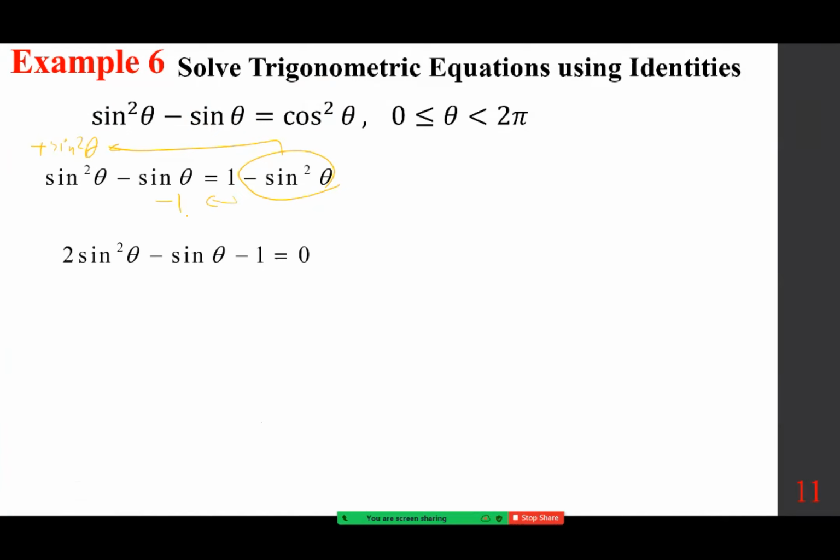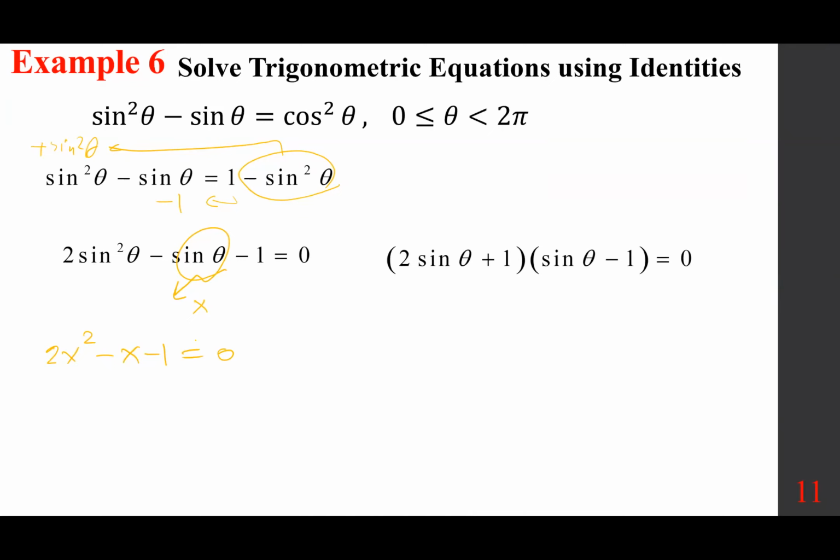You can let this one be x, in which case you get 2x squared minus x minus 1 equal to 0, and factor it. Or just factor it using the fact that it's sine, not a big deal. And it's a very easy factoring because 2 is a prime number and negative 1 is just 1 and negative 1. You just got to figure out where you put them. I hope everybody's okay with that.